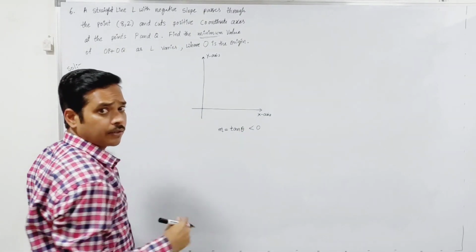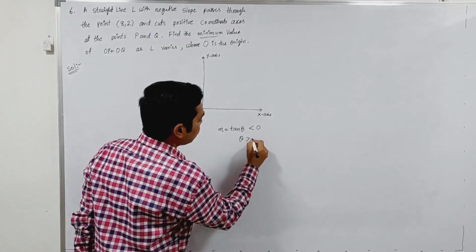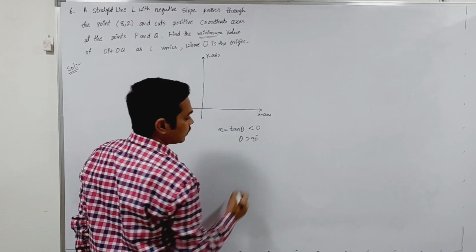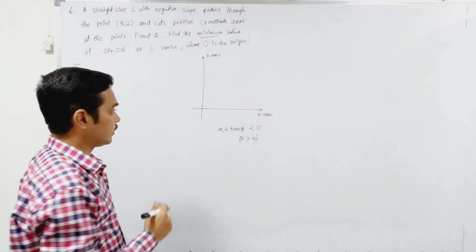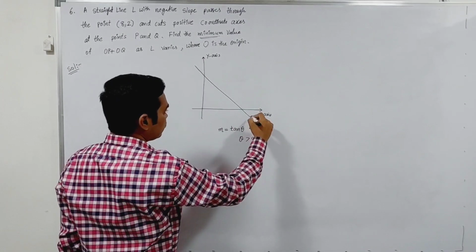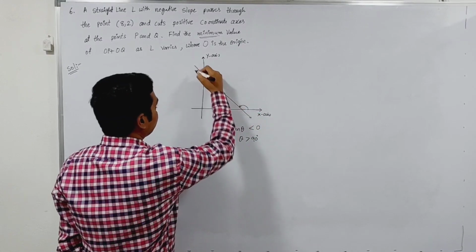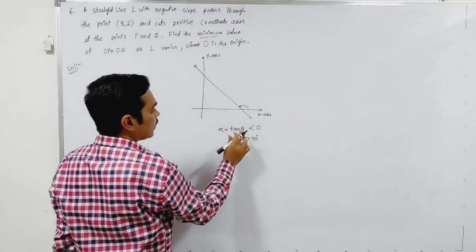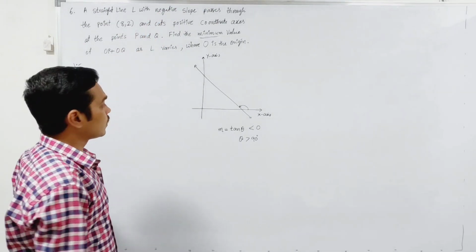Tan theta is negative in the second quadrant, meaning theta is greater than 90 degrees. The inclination of the line is between 90 and 180 degrees, so the line L is like this. Only then is tan theta negative and your slope negative.